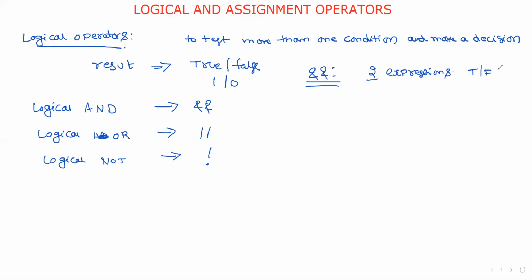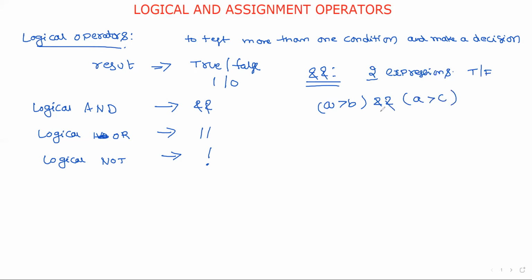That means simply the logical operators are applied between expressions which contain relational operators. For example, a greater than b, this is an expression which contains a relational operator, double ampersand, a greater than c.